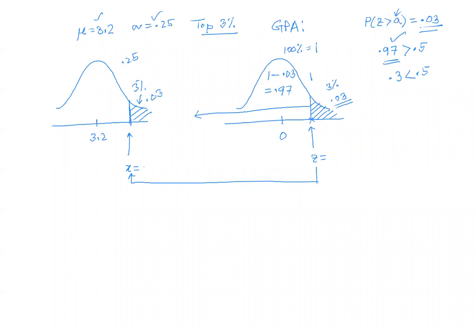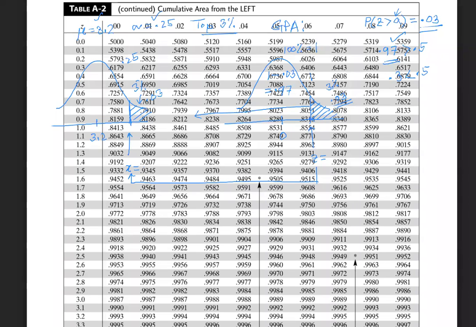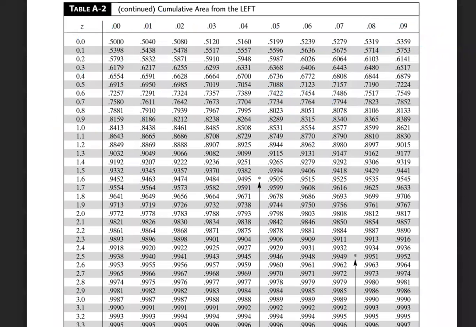If you look it up, I can do it again. I'd rather do it again because people really need to get a feel for this stuff. Okay, clear? 0.97. So let's see, what is the closest value to 0.97? 0.9686, 0.9699.